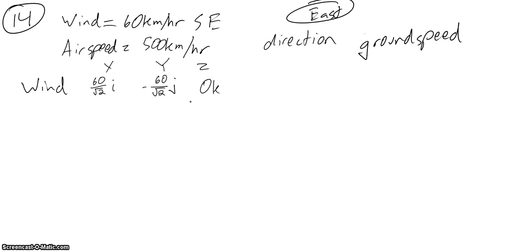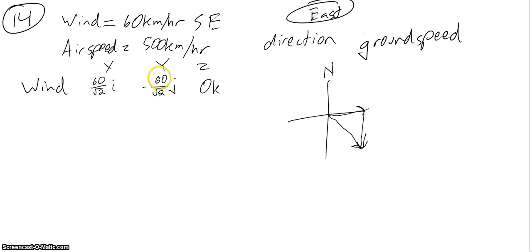So the wind, since it's heading to the southeast, so imagine an axis with the top being north, the wind is blowing this direction. And so first you have to figure out the two component vectors using the Pythagorean theorem, and they're going to have the same value since it's exactly 45 degrees southeast.